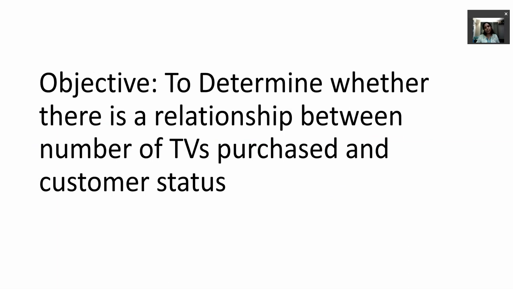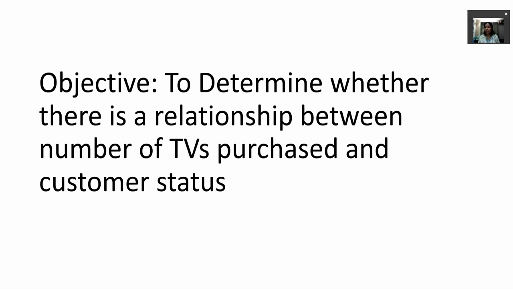Now, what is the objective of the chi-square test? Since we know that the chi-square test helps us determine whether the relationship between the two variables is significant or not, our objective for these two variables, customer status and TV bins, is to determine whether there is a relationship between the number of TVs purchased and customer status. In cross tabulation, we had seen whether these two variables are related to each other or not.